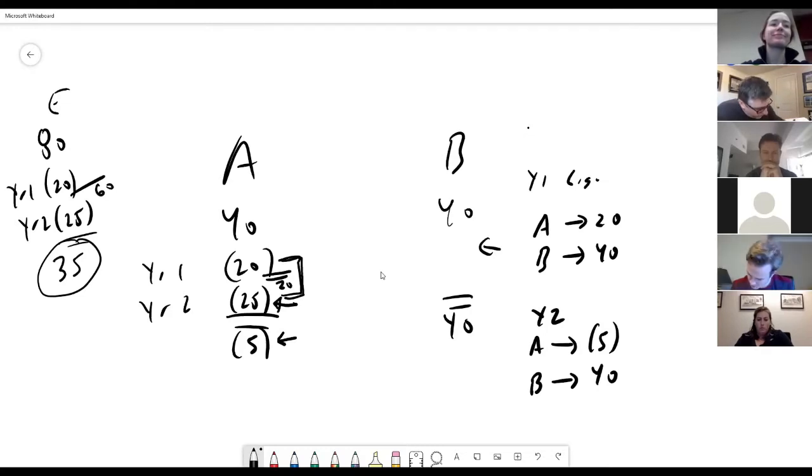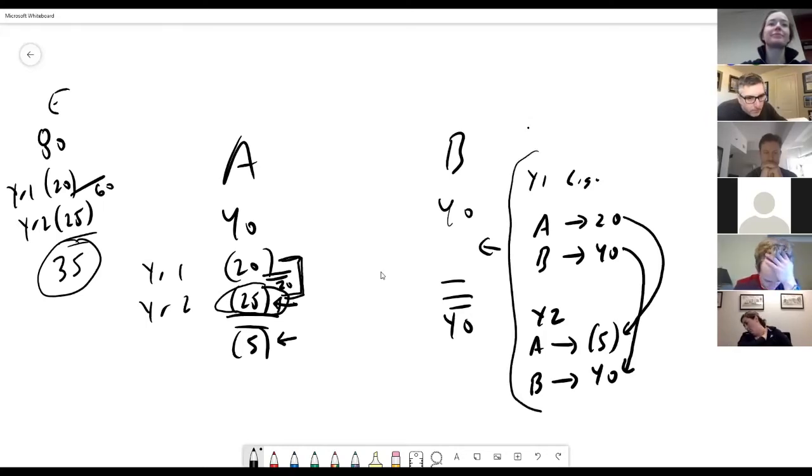So again, we compare these two. Well, B is in the same place, and that's consistent with B not getting allocated anything. A goes from positive 20 to -5. A suffers by 25, and that matches up with his allocation. You don't have to do this test here. There's no reason.